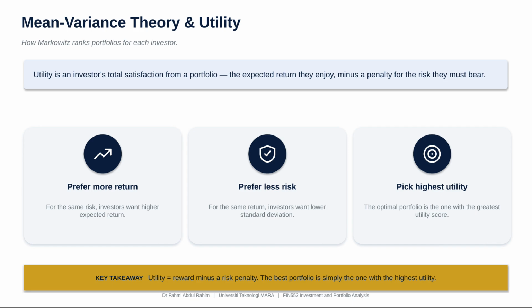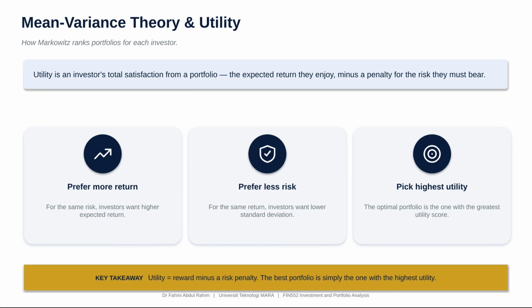First, investors prefer more return, so for the same level of risk, they want the higher expected return, obviously. Second, investors prefer less risk, so for the same level of return, they want the lower standard deviation, the lower risk. Put these together and you get the third card, the rule.